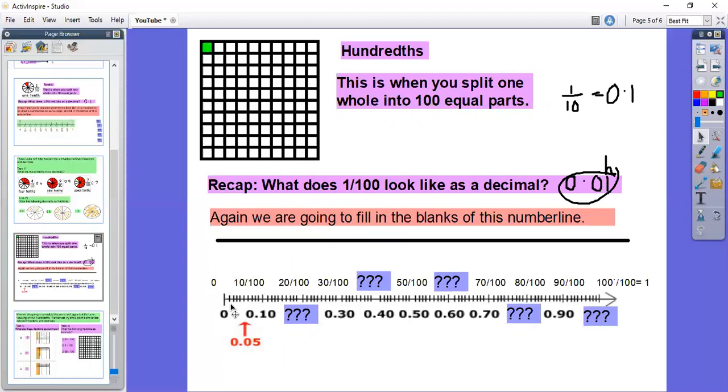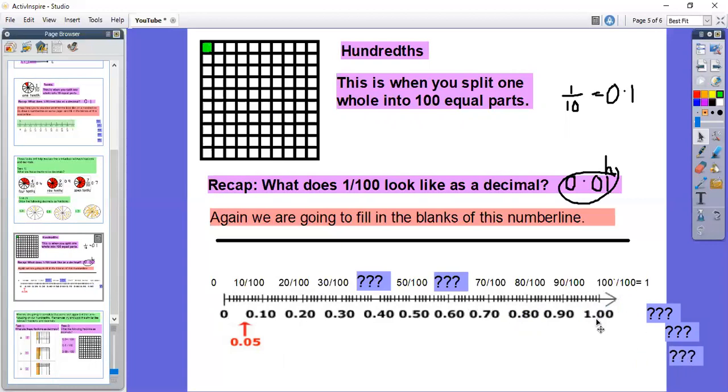So sometimes it's easier not to write in each individual interval, but just the tenths of them. So here I've got 0.10, so after that would be 0.20, 0.30, 0.40, 0.50, 0.60, 0.70, 0.80, 0.90, and what would my last one look like?